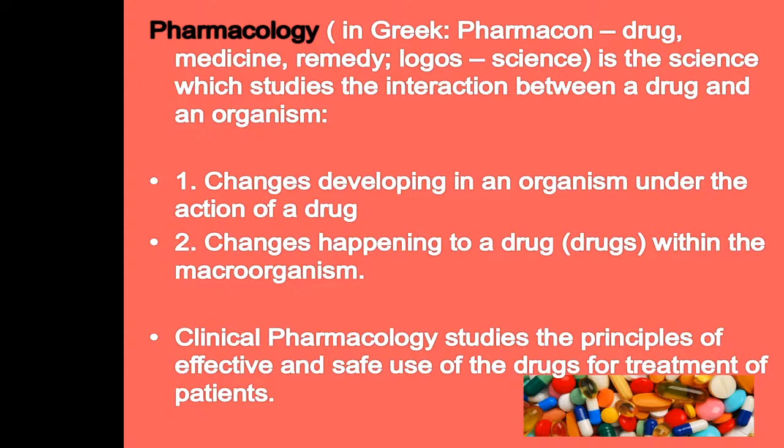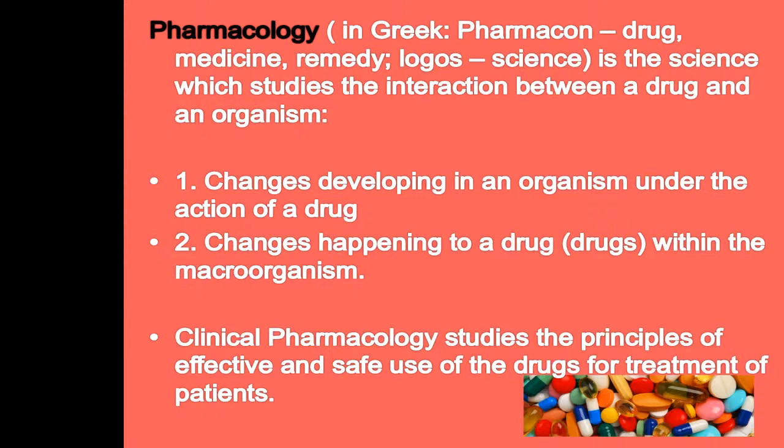So, changes developing in an organism under the action of a drug are described by part of pharmacology with the name pharmacodynamics. So pharmacodynamics studies and describes the action of the drug. The action means changes of function of an organism in the whole of the systems of certain organs, tissues and cells.